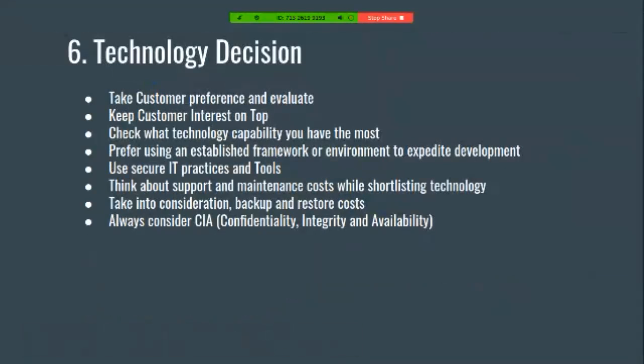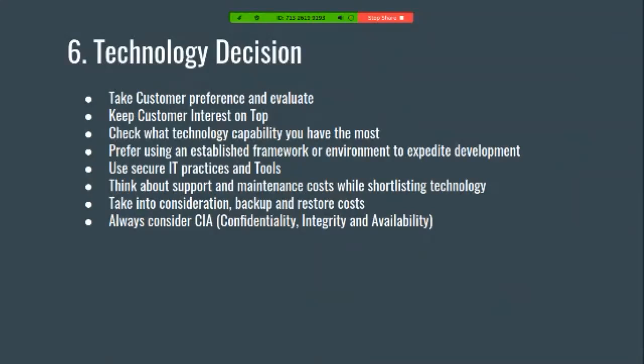After accepting all the requirements, the challenge comes in the technology decision. Most customers would prefer to go by a particular technology if they've heard it from a colleague or friend, or based on whatever technology is available in the organization. So it is good to take the customer's preference, however, evaluate whether that preference fits right for the development or not.